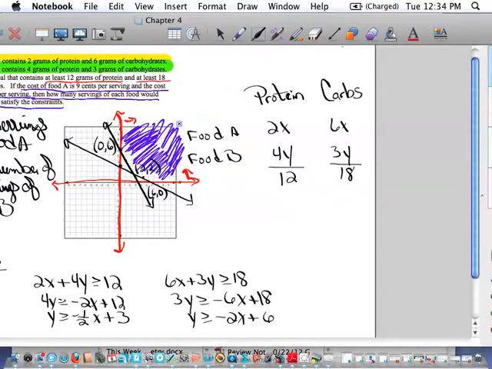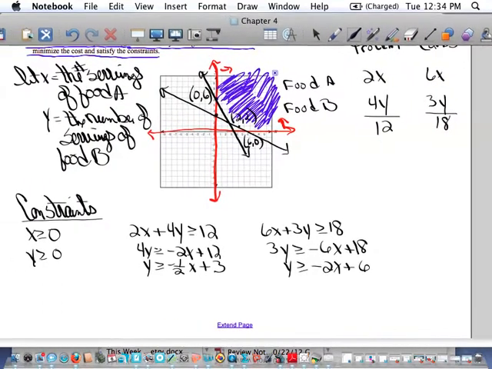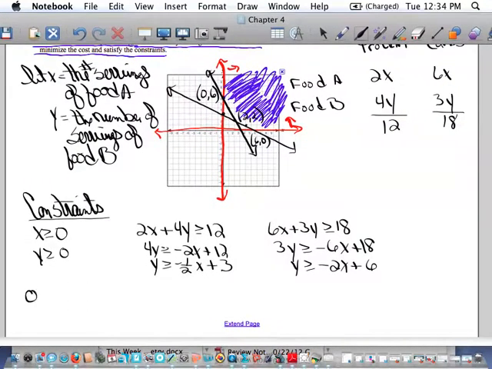So let's write our objective quantity now. Okay, so I want to minimize cost.